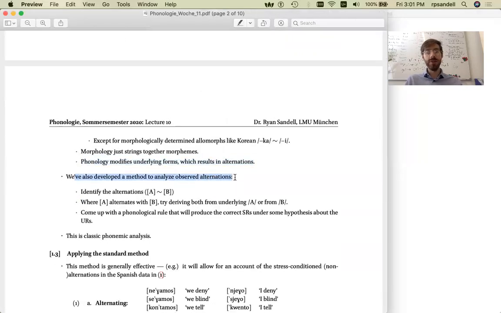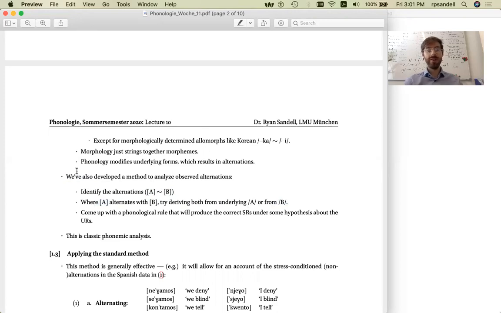And for dealing with allomorphic alternations, we generally try to apply the so-called two-hypothesis method, namely if a morpheme has two allomorphs on the surface, let's call them A and B, then we can try deriving the allomorphs from the different options for the underlying representations, assuming either A is underlying and B needs to be derived, or that allomorph B is underlying and allomorph A needs to be derived.